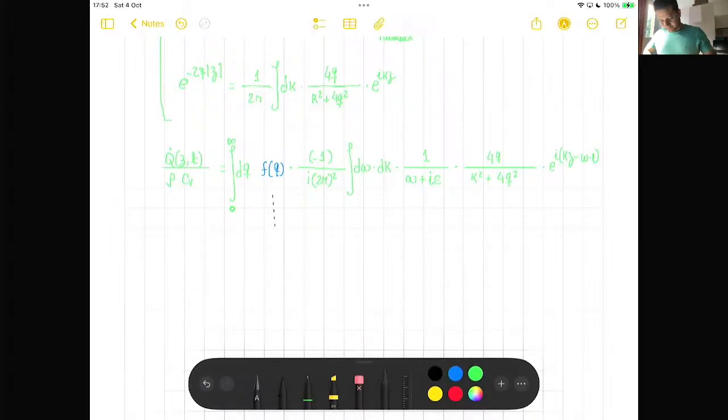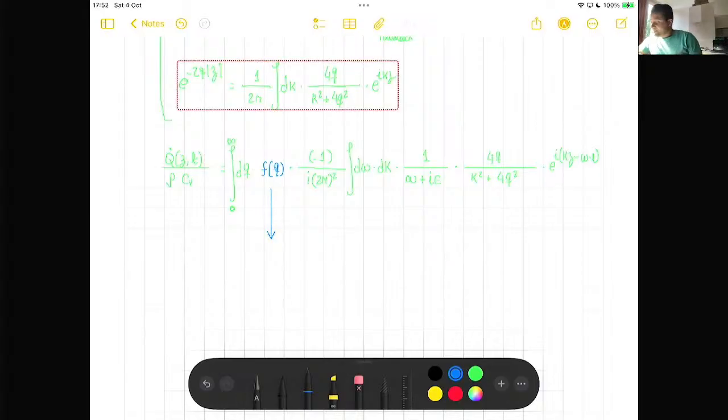I don't know what this parameter is, but Persson does.